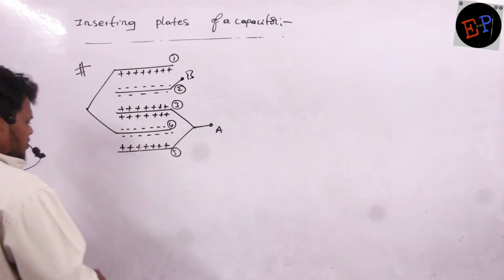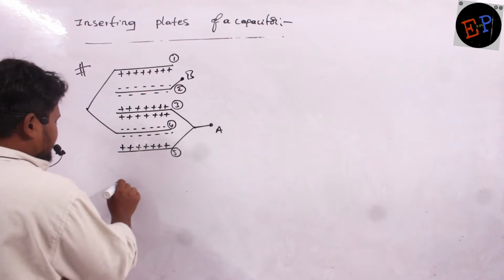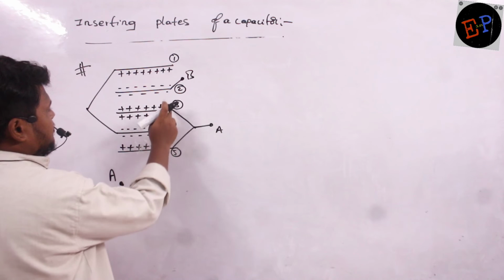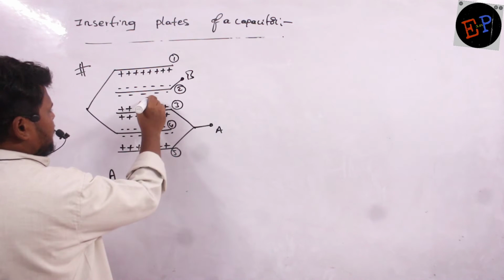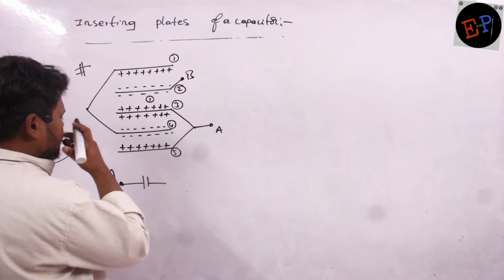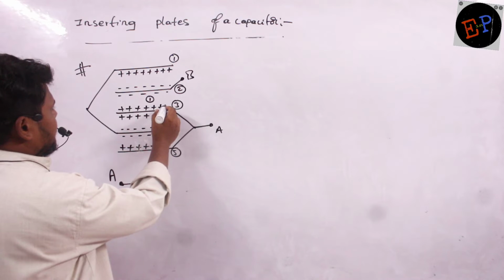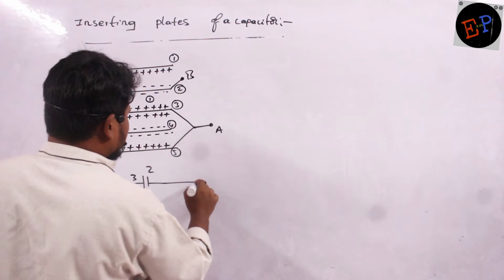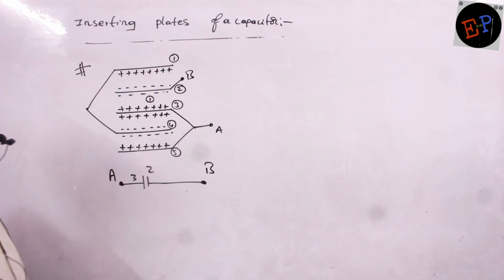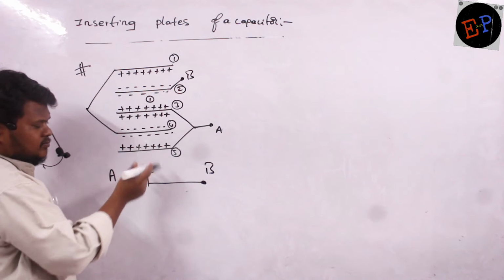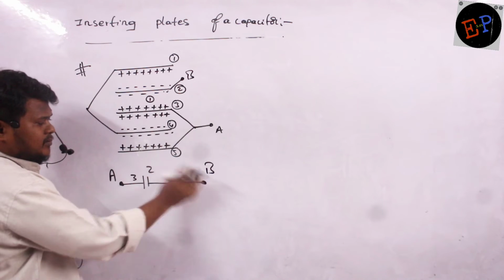Now let us see how I can redraw this circuit. I will start from A. So A, 3 and 2 will form one capacitor. So 3 and 2 will form one capacitor, and 2 is connected to terminal B. So I am writing B here.